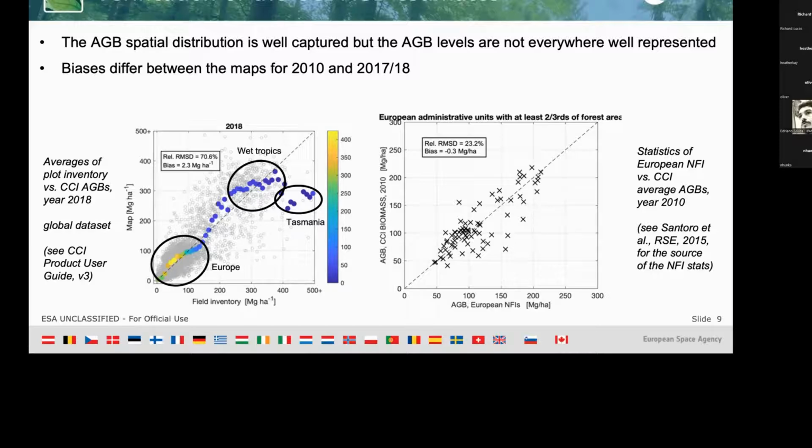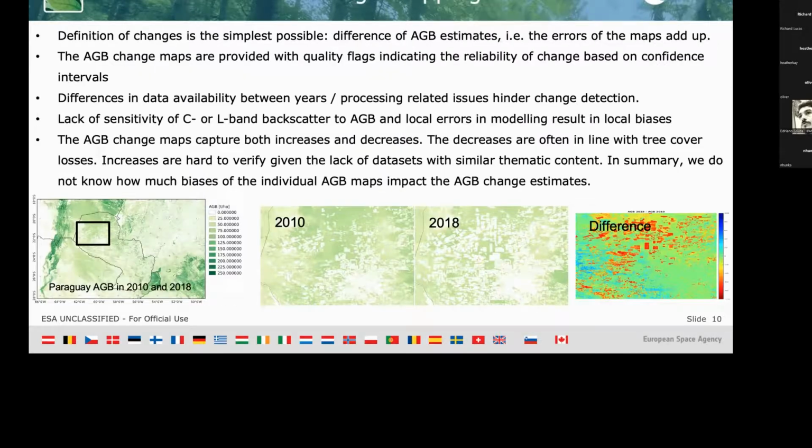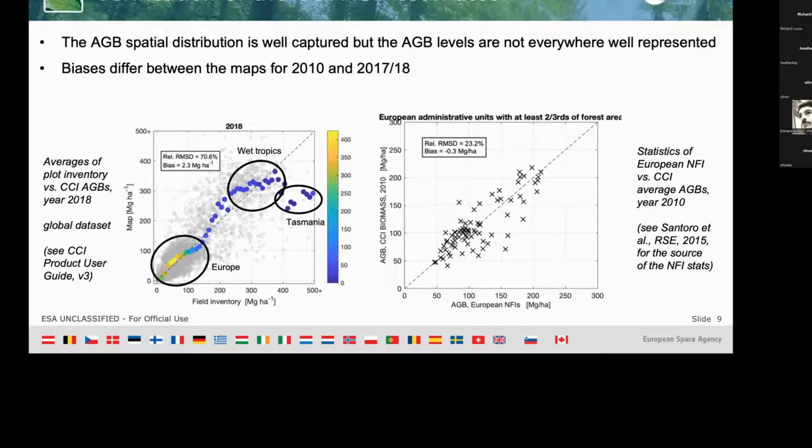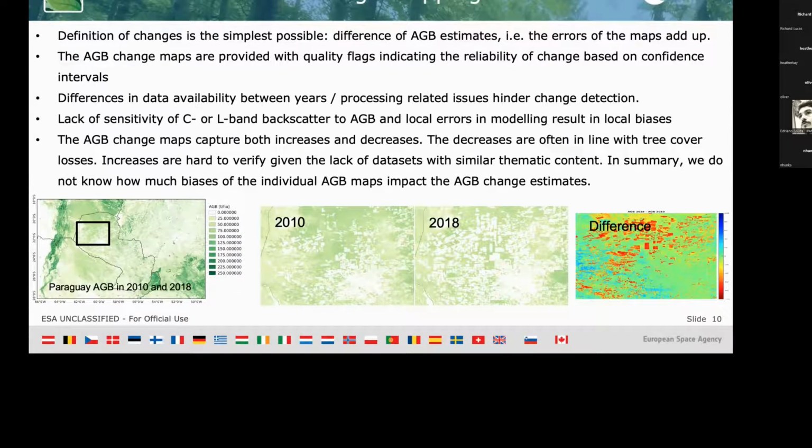So that's going to continue. And the biases also differ between the different maps, in particular between 2010 and 17, which currently affects how well we can detect changes when we take the simple difference between these maps at annual or decadal intervals.